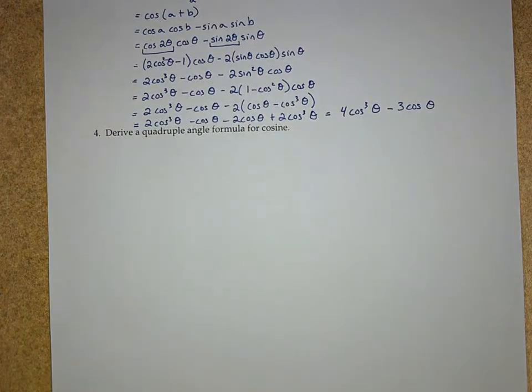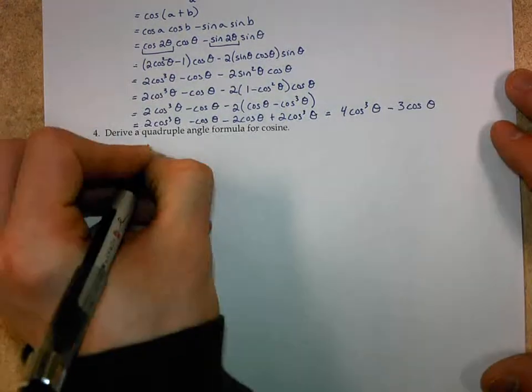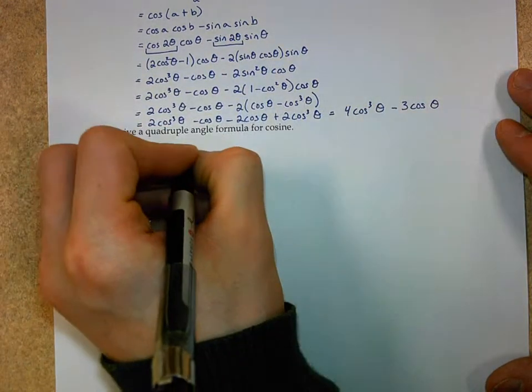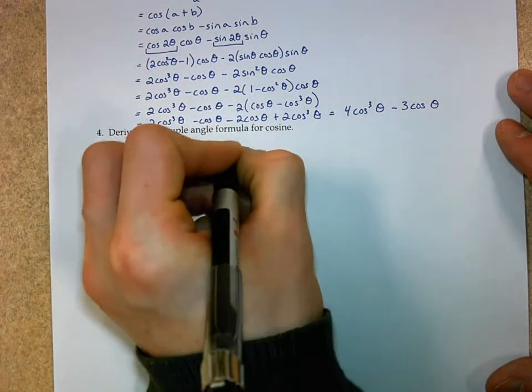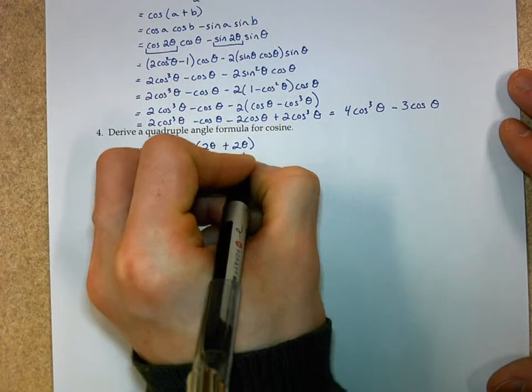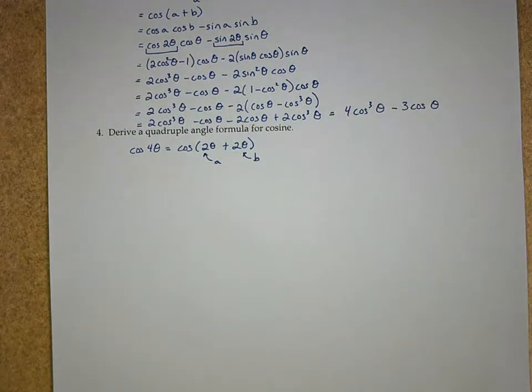Number 4, deriving a quadruple angle identity formula for cosine. So we're going to do the same exact thought process here. We know that the cosine of 4 theta is going to be the same thing as the cosine of 2 theta plus 2 theta, where here A and B are both 2 thetas.